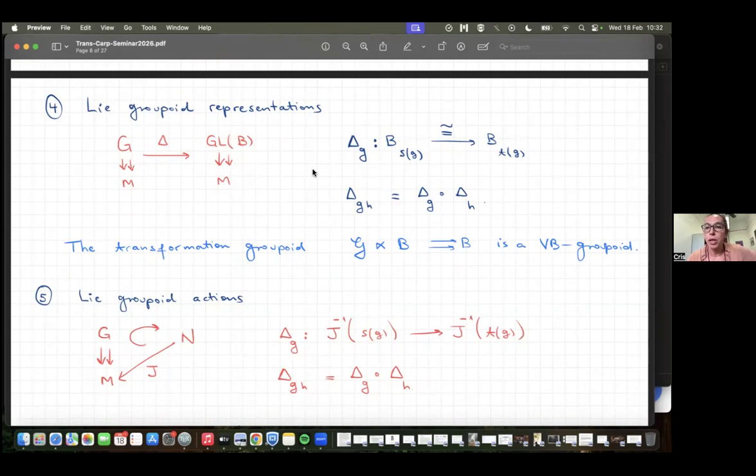And delta takes composition into composition, which are these two equations that I wrote here. So such a Lie groupoid morphism is called a Lie groupoid representation.